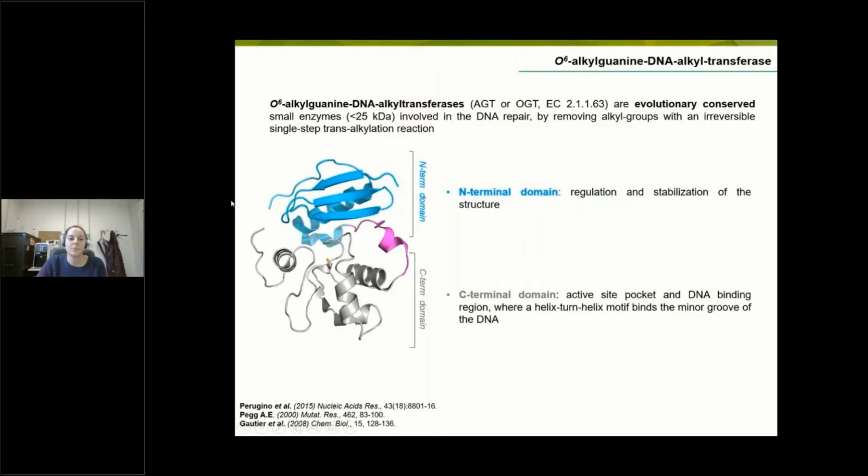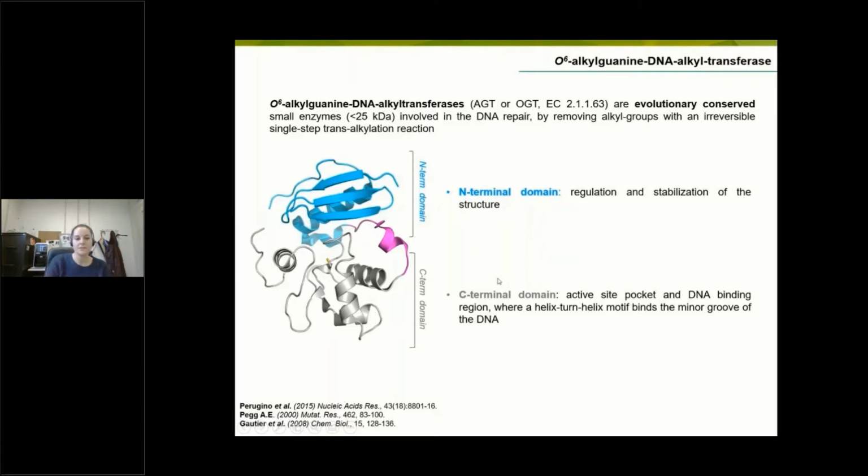And from a structural point of view, as you can see in the figure, they present a very simple structure which consists of an N-terminal domain involved in the regulation and stabilization of protein structure, which is the most variable part between species, and a highly conserved C-terminal domain in gray, which possesses the active site pocket and a DNA binding domain, which is characterized by a helix-turn-helix motif, which binds the minor groove of DNA.